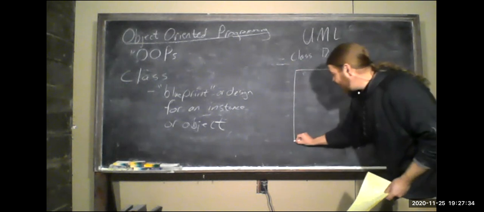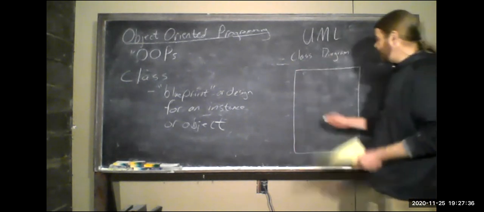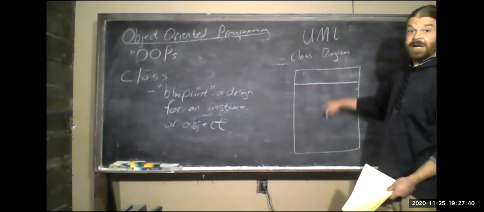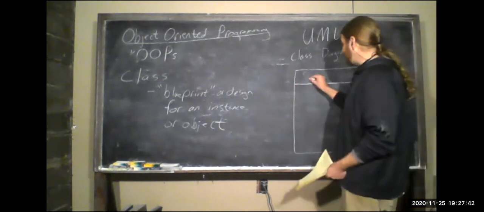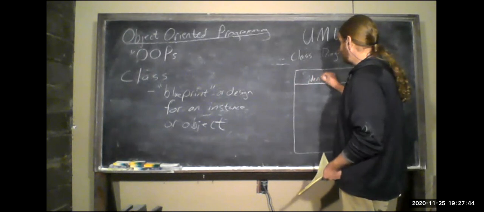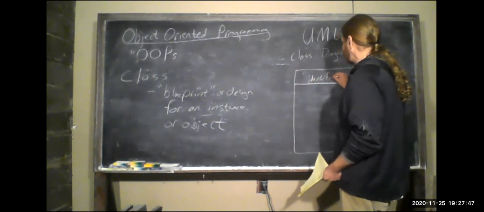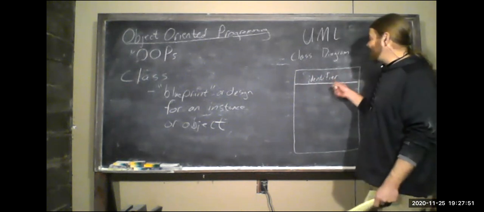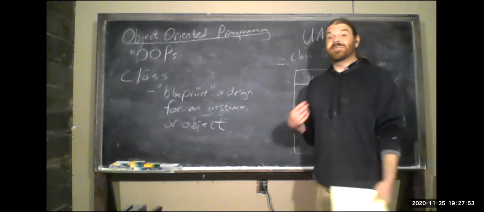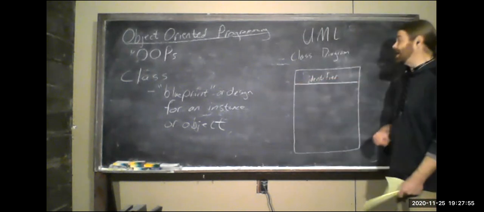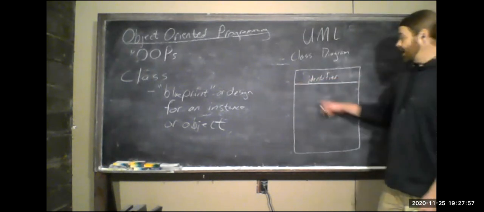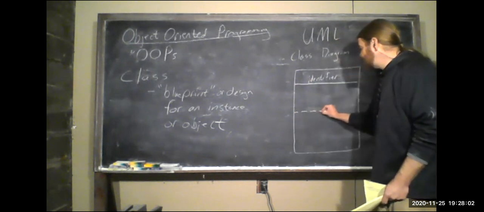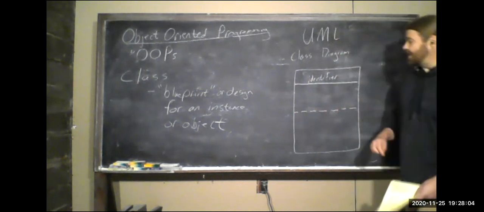And there will be 3 sections in it. The top section, which will be separated from the rest by a solid line, is the identifier. The technical term is identifier, but it's the fancy way of saying the name of our class. And then below that, we'll have 2 sections separated by a dashed line.